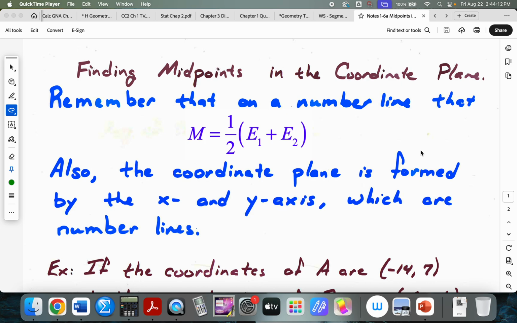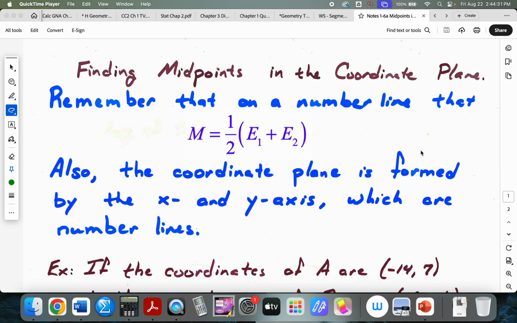Two things, but they're both about segments in the coordinate plane. Instead of just on a number line, now it's on the XY axis. So the midpoint part is almost identical to what we have done so far.